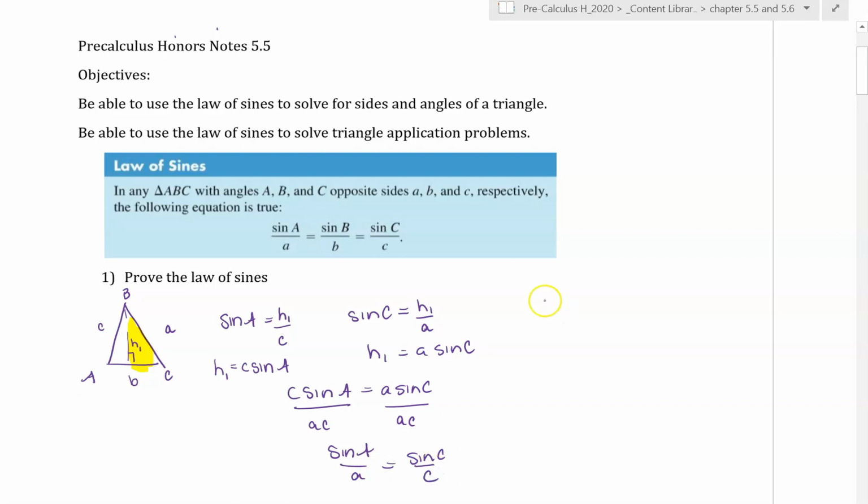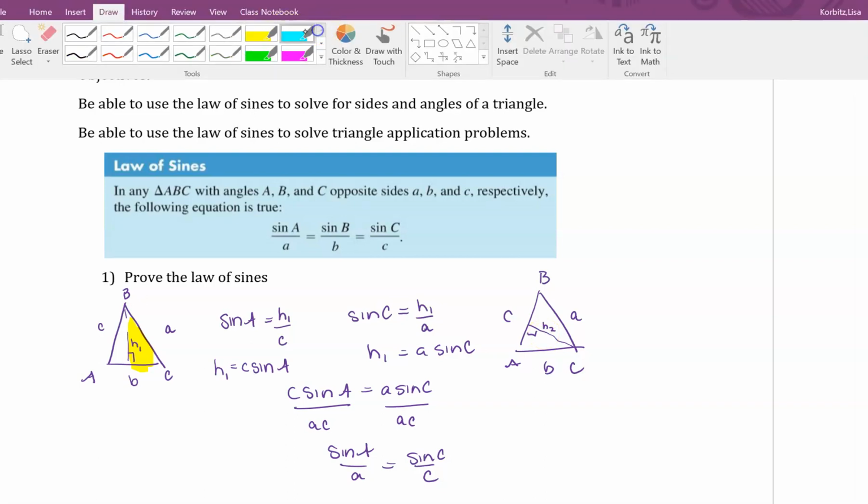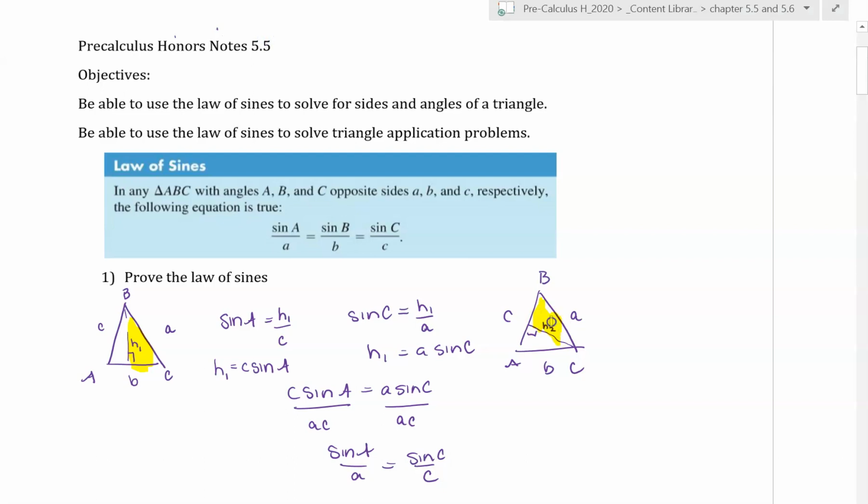But we're not done. So we're going to take the same triangle, and this time, let's go ahead and drop an altitude. We'll call that H2. So now we're looking at a right triangle. I'll make it yellow to help your eyes a little bit.